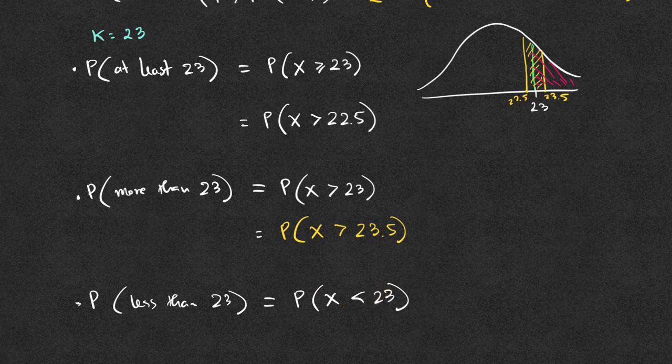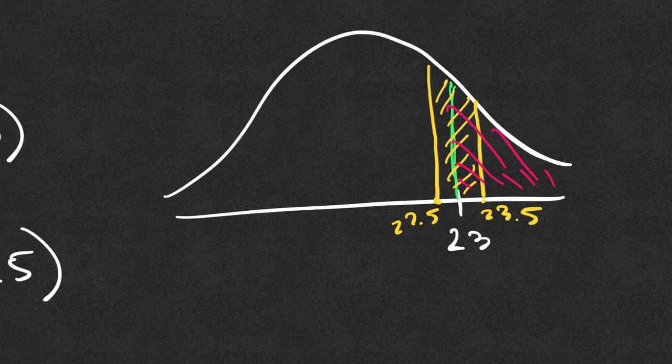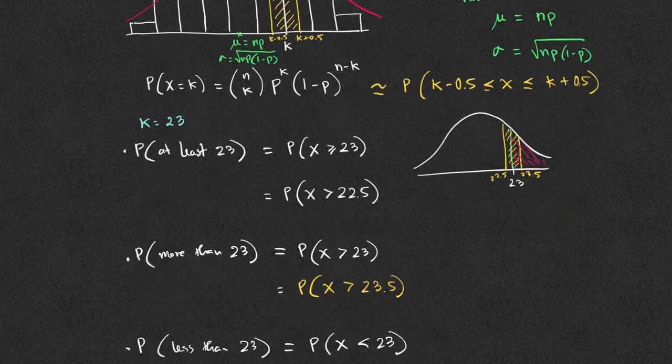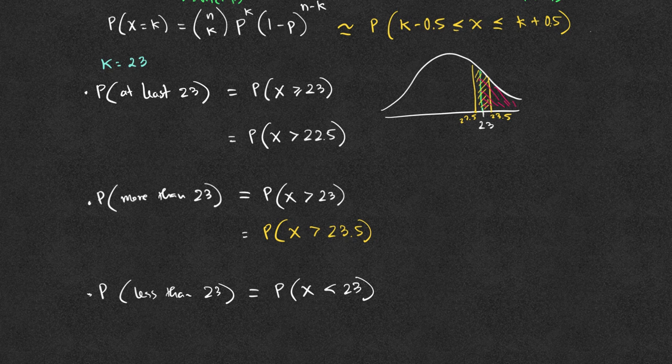If we look at this graph here, how do we make sure that 23 is not included? We only need to go up to 22.5. With continuity correction, this is simply the probability that x is less than 22.5. In this range, everything on the left-hand side of 23 is included, but it does not include 23.